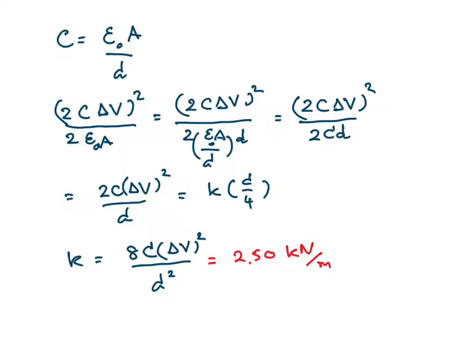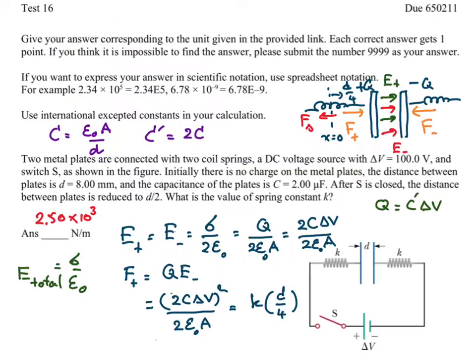Now this 2C can cancel one factor of 2C squared to get 2C. So this term becomes 2C times delta V squared over D, which equals K times D over 4, and then rearrange this to get that K is equal to 8C times delta V squared over D squared. And we know the numerical value of C, delta V, and D, right?